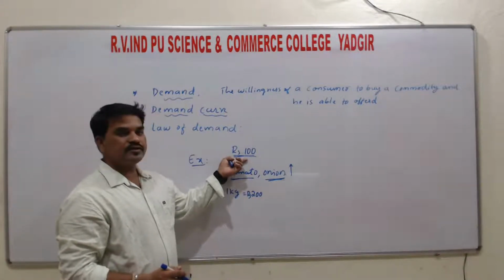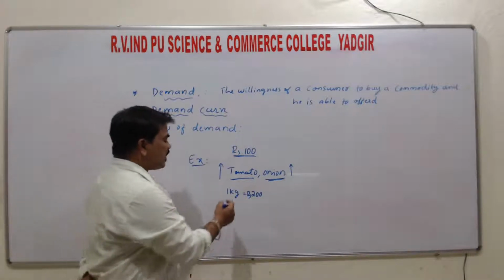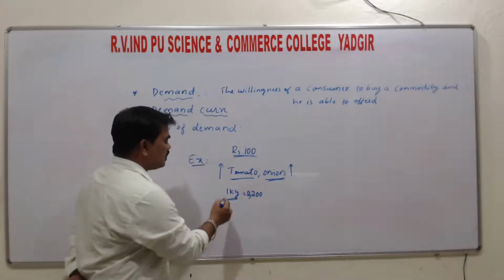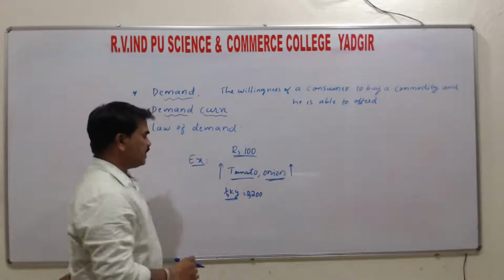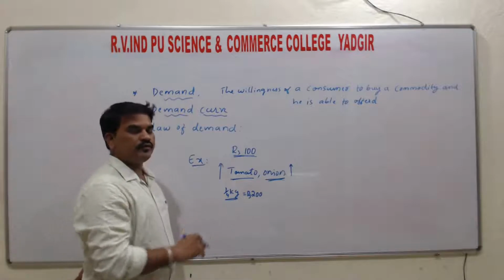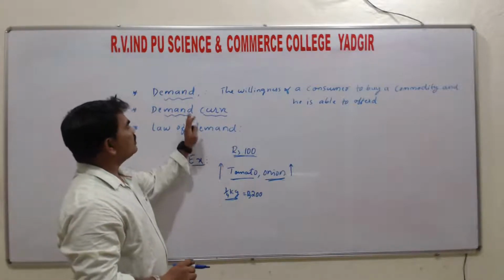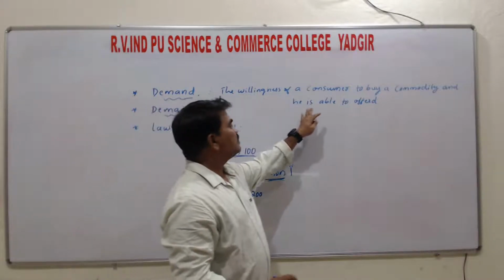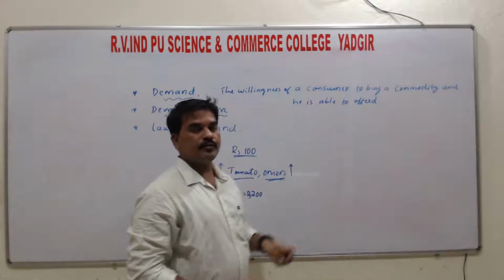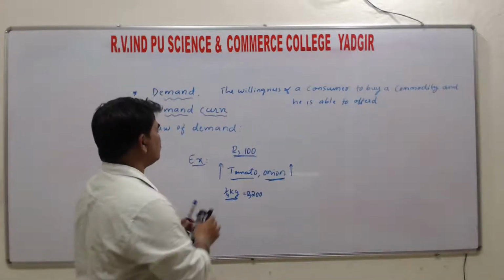Because with my limited resources, I can't afford to buy 1 kg of onion. So what I'll do, I'll reduce this to 1/4 of the quantity. I'll go with 250 grams. So here we can say there should be willingness as well as ability to offer that product. We can say that is a demand for that particular commodity.